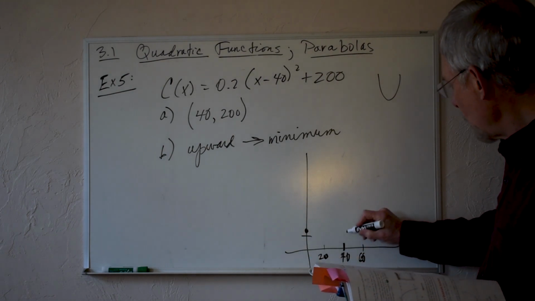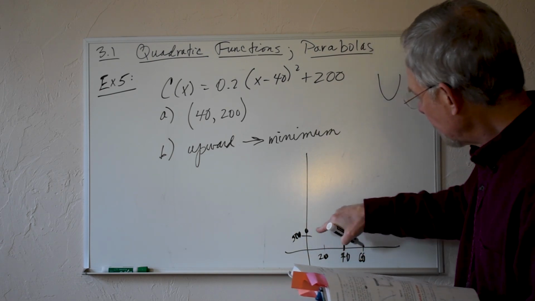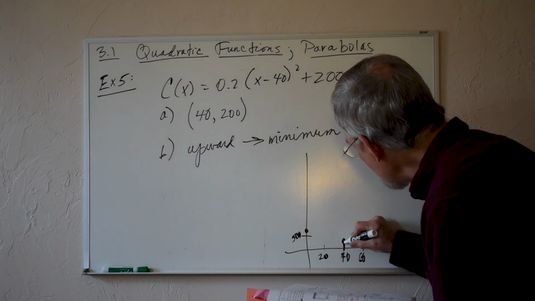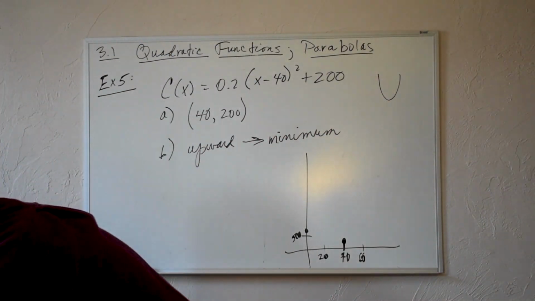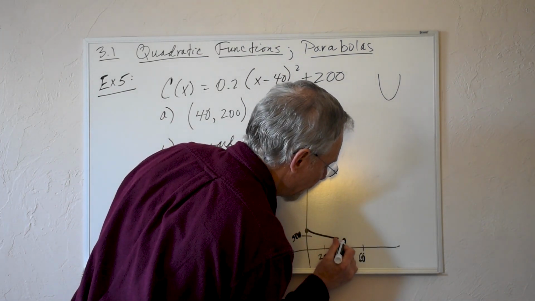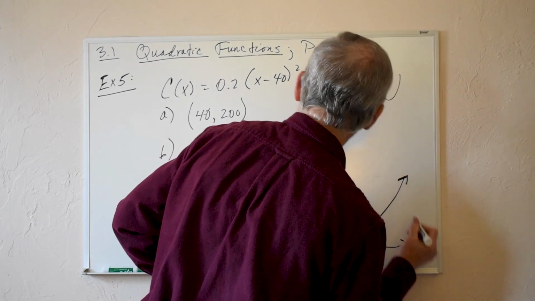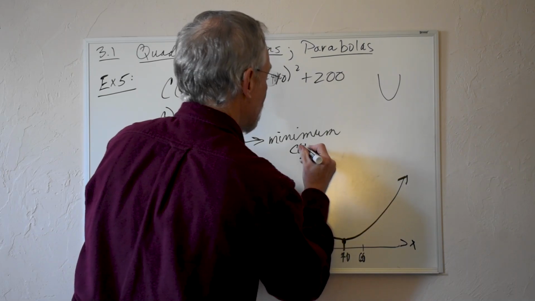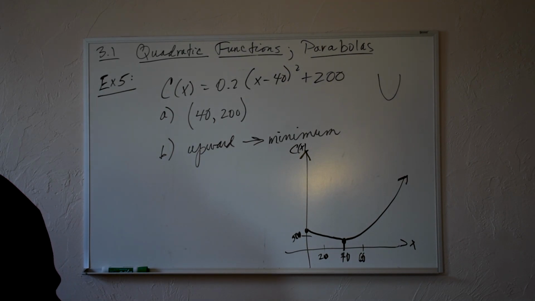And the y value at that minimum is 200. So if this is 500 here, then the y-intercept is 520, just above it. Then way down here is where my vertex is. So I have a parabola, pretty flat, that looks like this. I'll label this vertical axis C of x because that's the variable given to us in the formula.